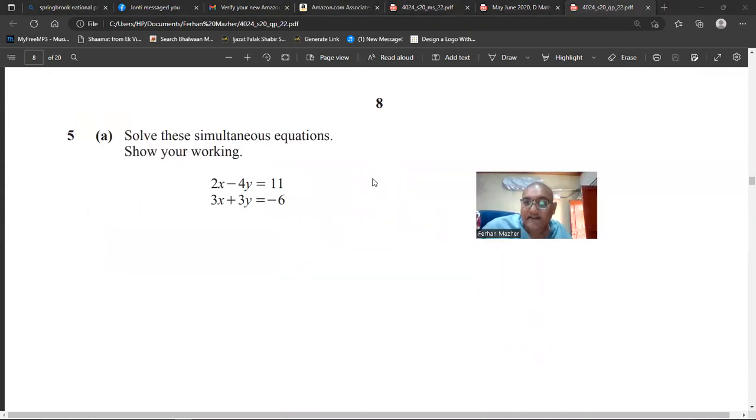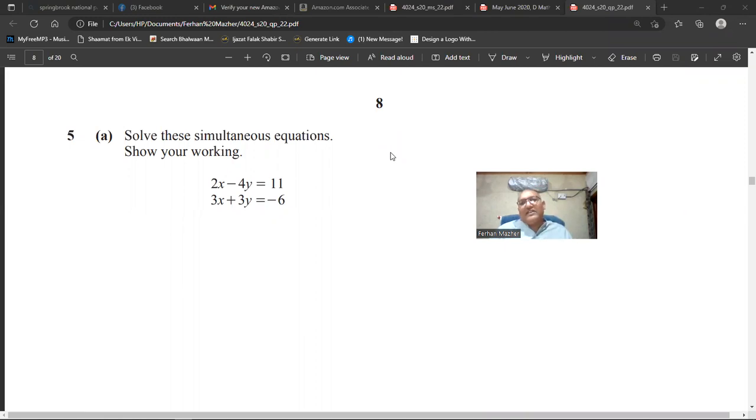That question is about simultaneous equations. Question number 5 of this paper says solve these simultaneous equations and show your working. Here we have 2x minus 4y equals 11, and 3x plus 3y equals minus 6.